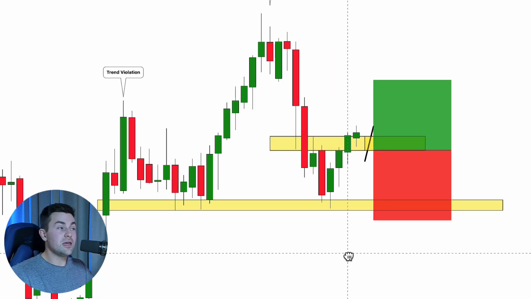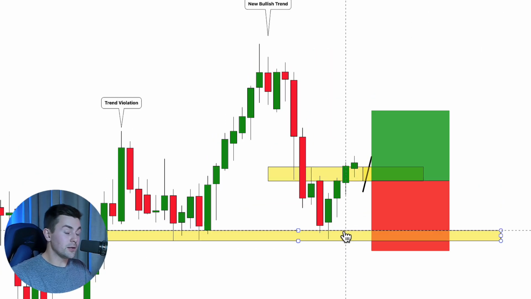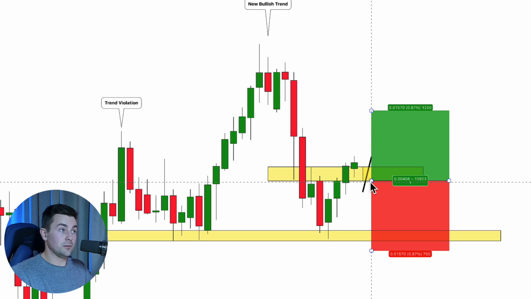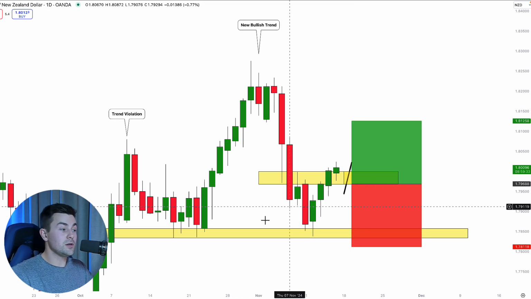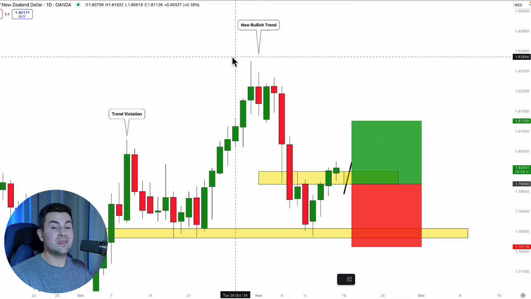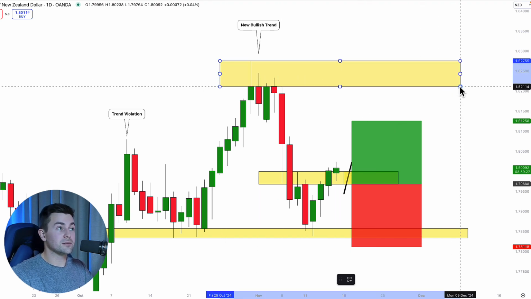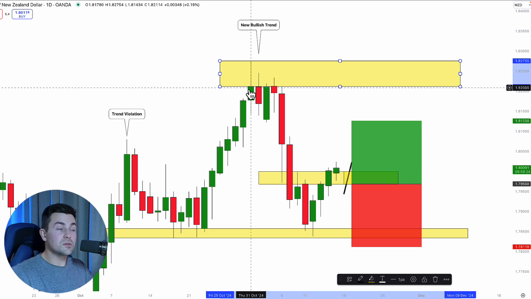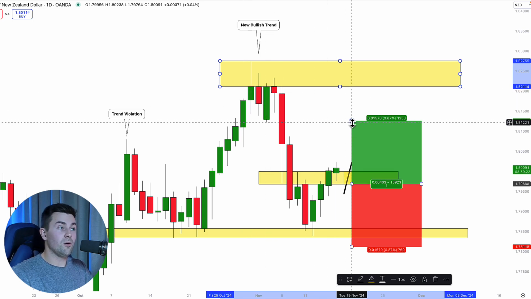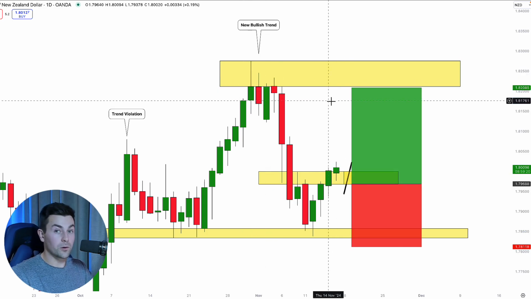Then, concerning the target, where will be the realistic safe target for the trade? Because the market is bullish, because we are trading in a bullish trend, we can anticipate that at least the price will manage to retest the current highs. And the resistance cluster based on the current highs will be our perfect target for the trade.